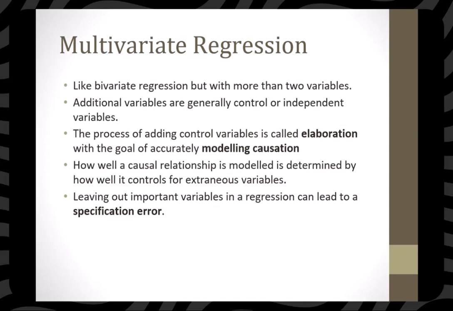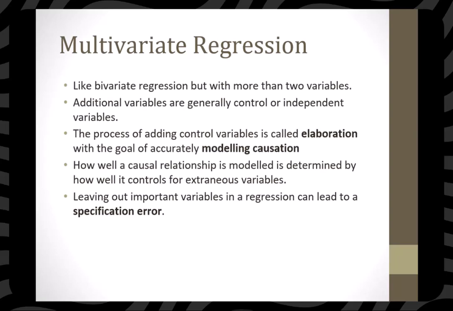And we determine how well a causal relationship is modeled by how well it controls for those extraneous variables. Things like amount of sleep, did your car break down on the way, class attendance, all those sorts of things that we can control for and include in our multivariate regression means that we're going to have a better model of what causes you to get the final score that you get.